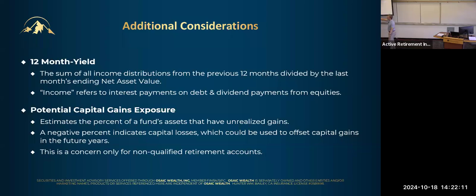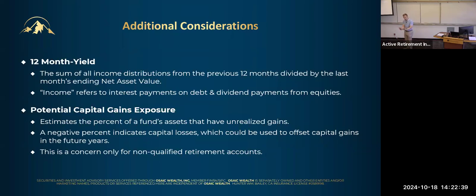And then next, we have potential capital gains exposure, which, again, is really only a problem for mutual funds. ETFs can distribute capital gains, but you basically never see it. Potential capital gains exposure refers to the percent of a fund's assets that have unrealized gains. So if I'm holding 10 different stocks, and I've got 2 stocks that have a bunch of gains, that's 20% capital gains exposure.